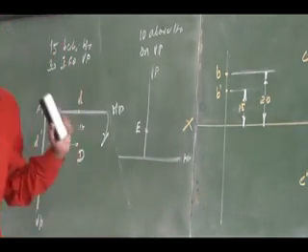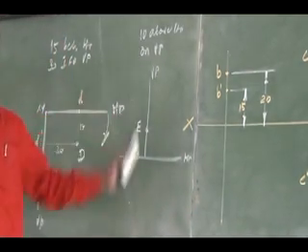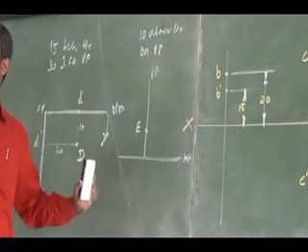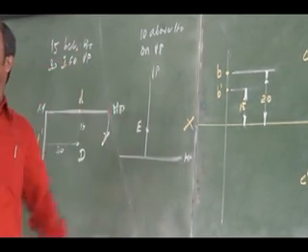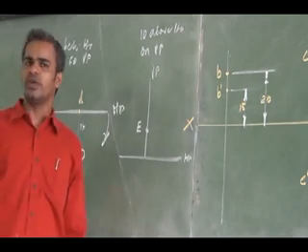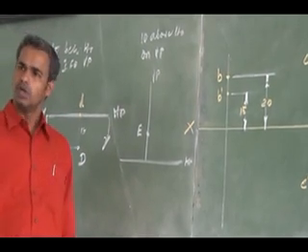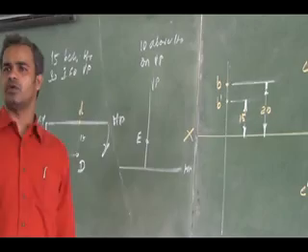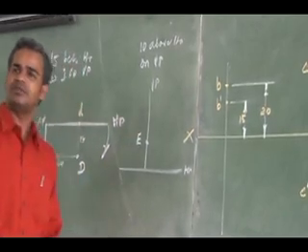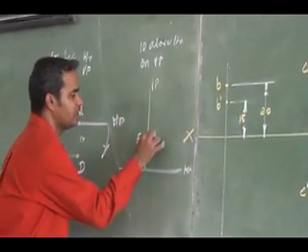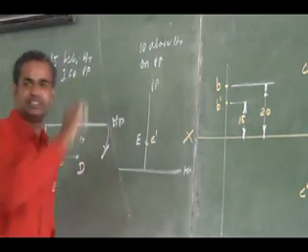The front view will be on the VP. The projecting point is also on the VP, so the front view will be in the same place itself. So that is my E dash.